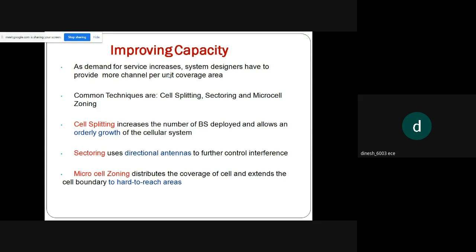The number of users of cell phones or mobile phones grows, and the available channels will not be sufficient to accommodate more and more users. So the system designers have to provide more channels for every unit coverage. Some of the techniques used for improving capacity are cell splitting, cell sectoring, and microcell zone.